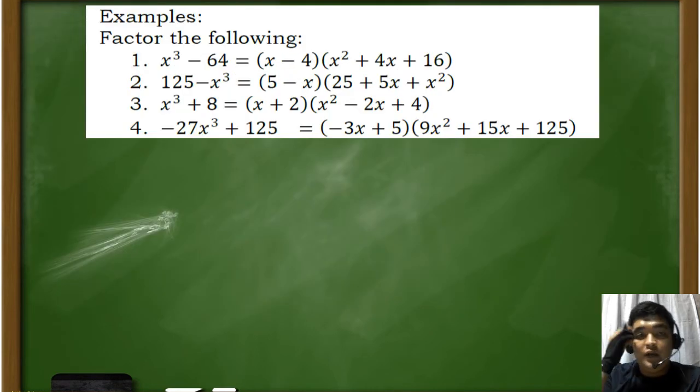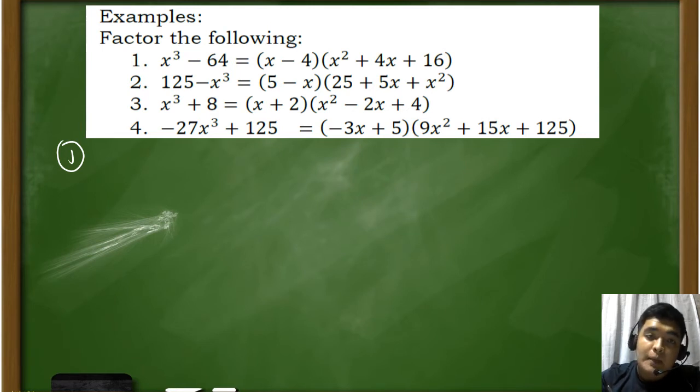Okay, so we need to factor number 1, x cubed minus 64. This is a difference of two cubes. Why a difference of two cubes? 64 is a cube of a number. 64 is equivalent to 4 times 4 times 4.